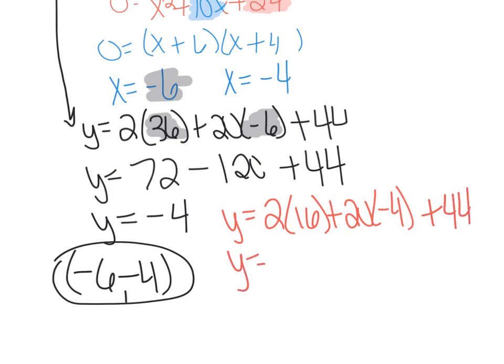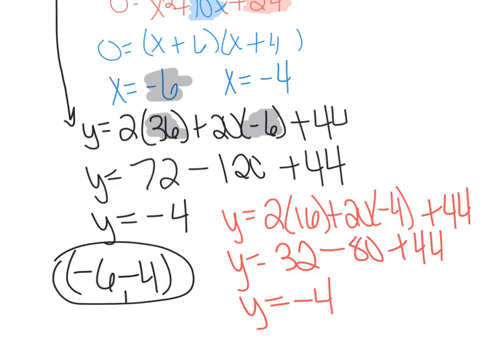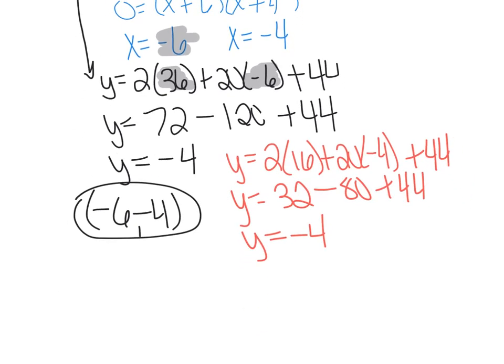So I get y equals 32 minus 80 plus 44, which gives me y equals -4. So my second ordered pair is at -4, -4.